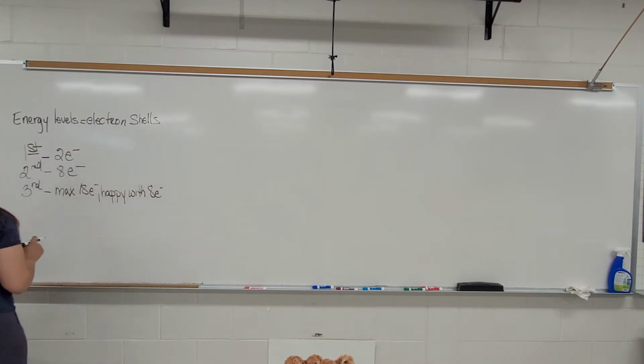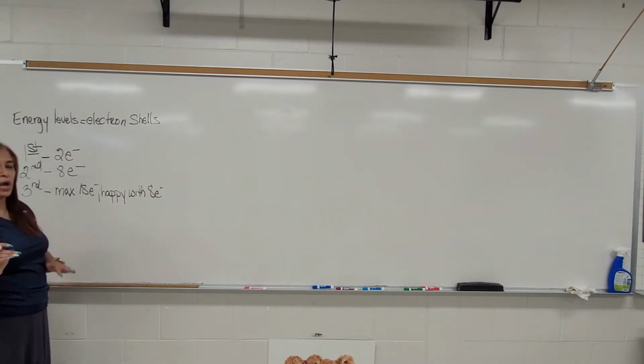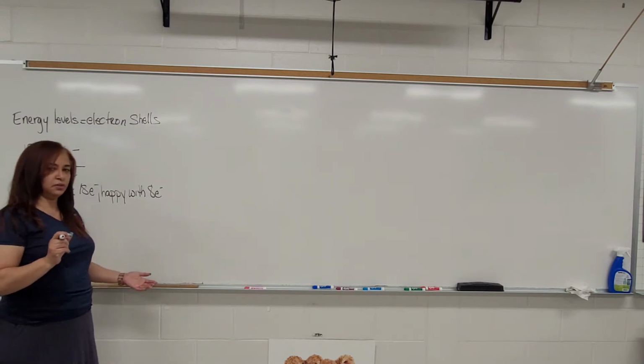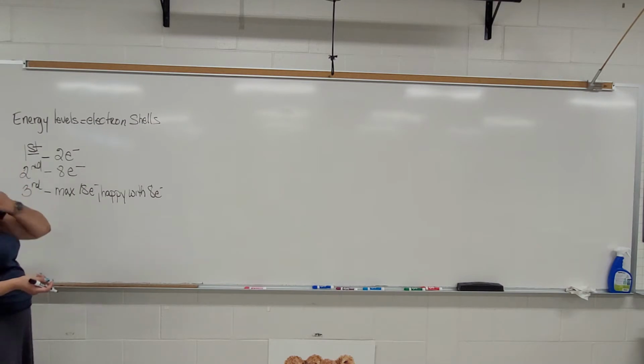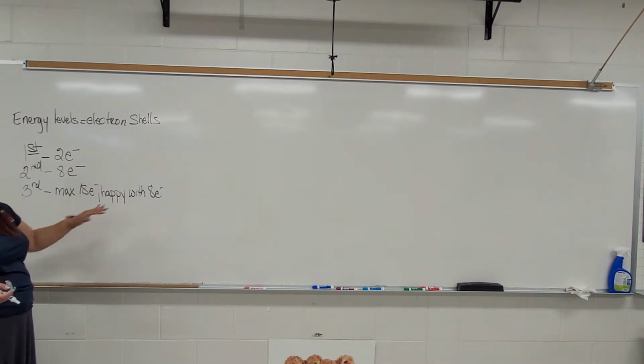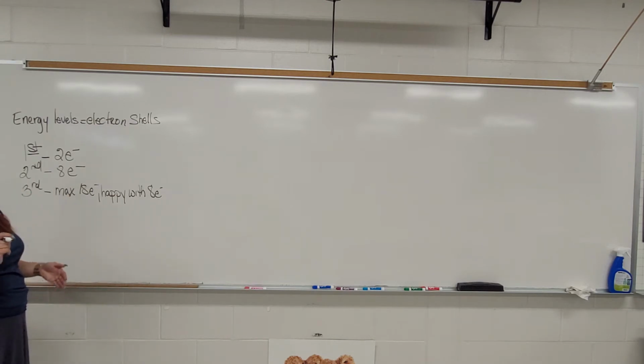The reason for that is because we start populating the fourth energy level before the third energy level goes above 8. So even though at the end of the third energy level we have 8 electrons, when we get down to the fourth energy level, we start back populating the third energy level in the transition metals.